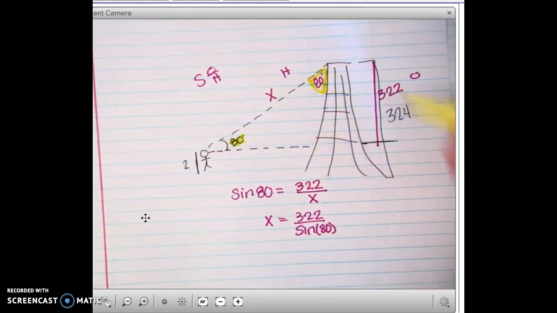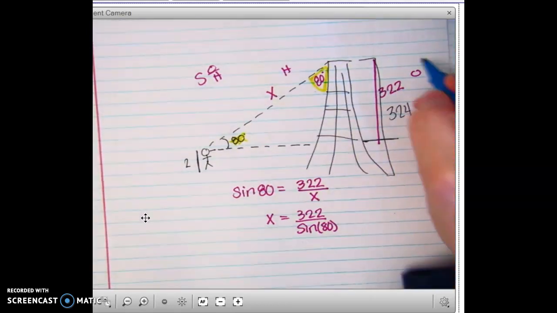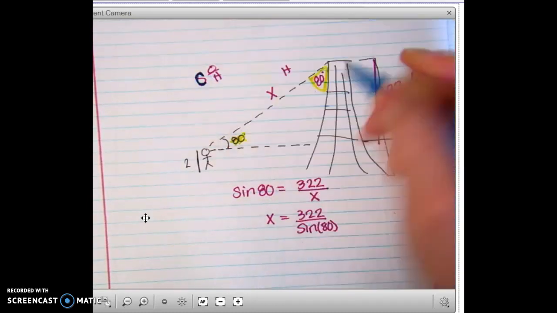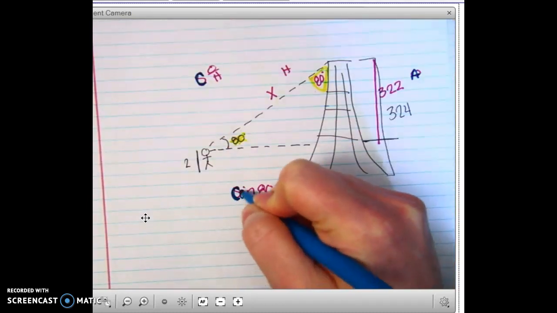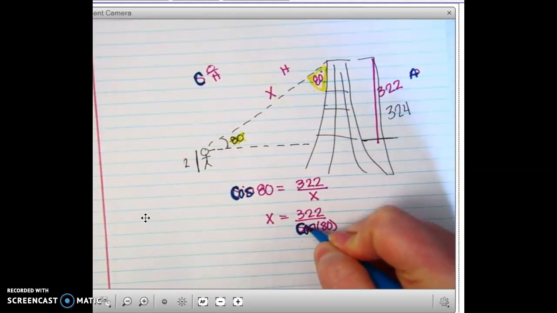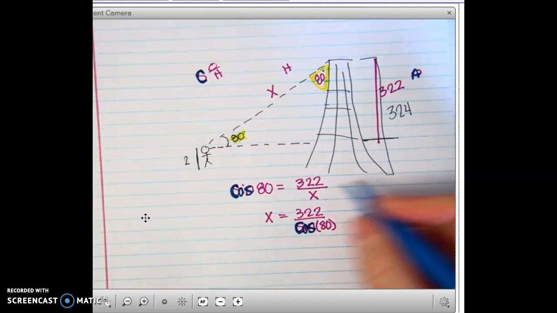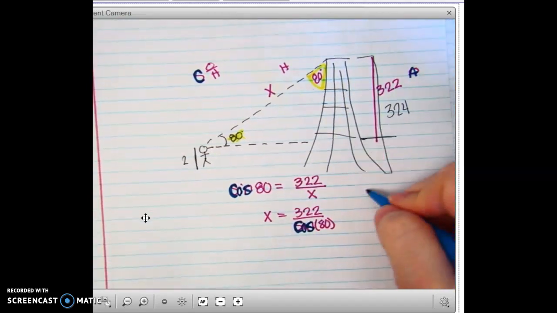So, scratch what I said, but the only thing that's going to change here is because now this is actually the adjacent side, so we're going to use cosine. So we're going to change this to cosine. And then you need to make sure that your calculator is in degree mode.